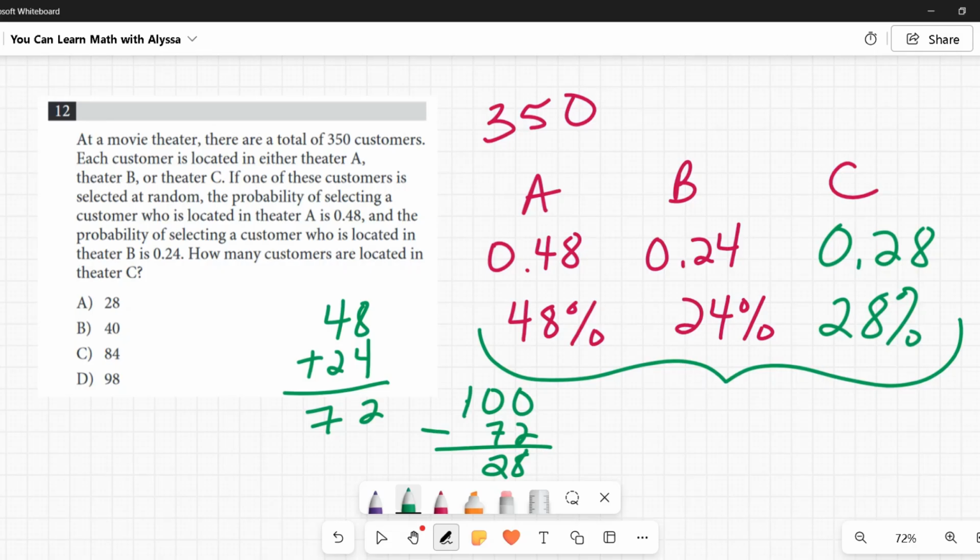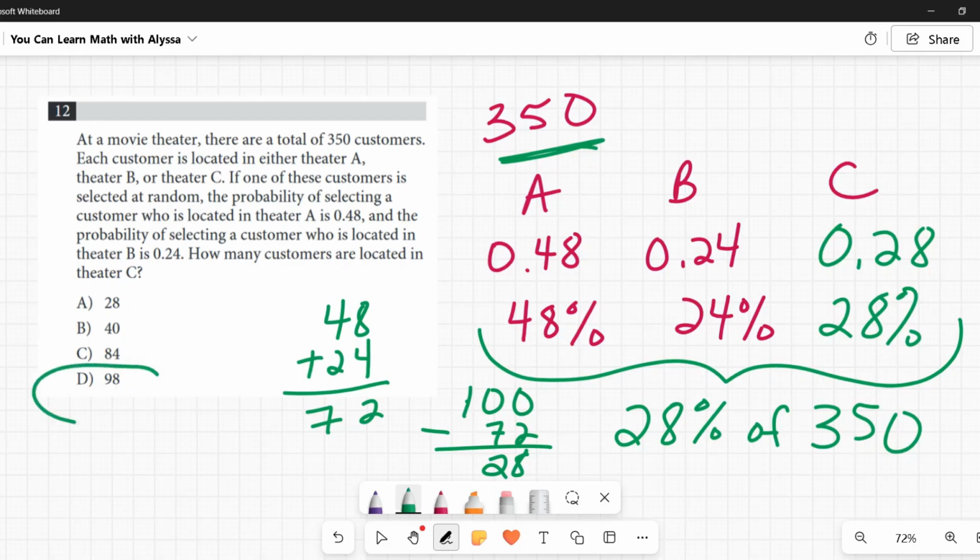Now the question is asking what is 28% of the total number of customers, which was 350. For that I would break out my calculator to multiply 350 times 0.28, or 28% of 350. And when you do that math, you will get D, 98. 98 of the customers are in theater C.